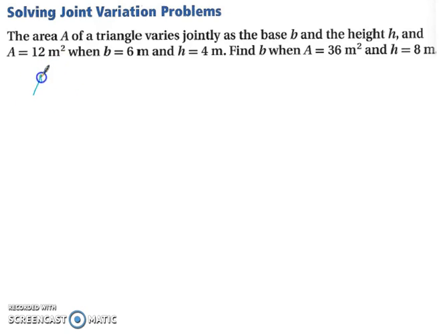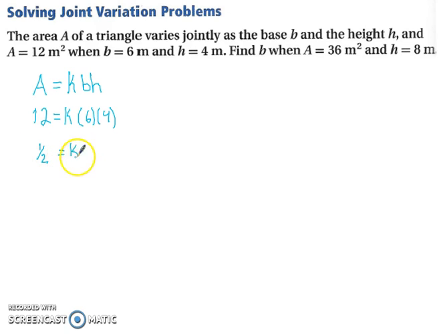So we would have A equals our constant times our base times our height. So we would have 12 equals k times 6 times 4. And when we solve for k, we end up with 1/2.